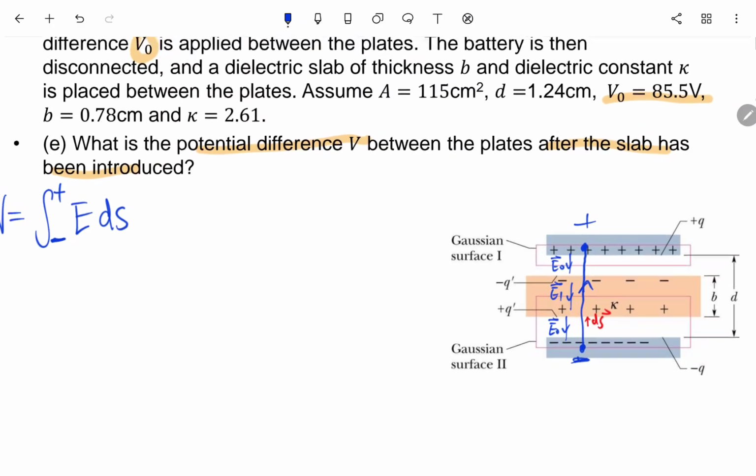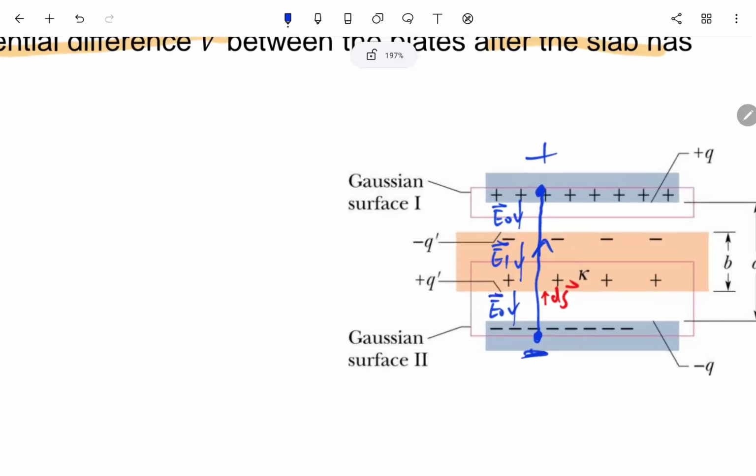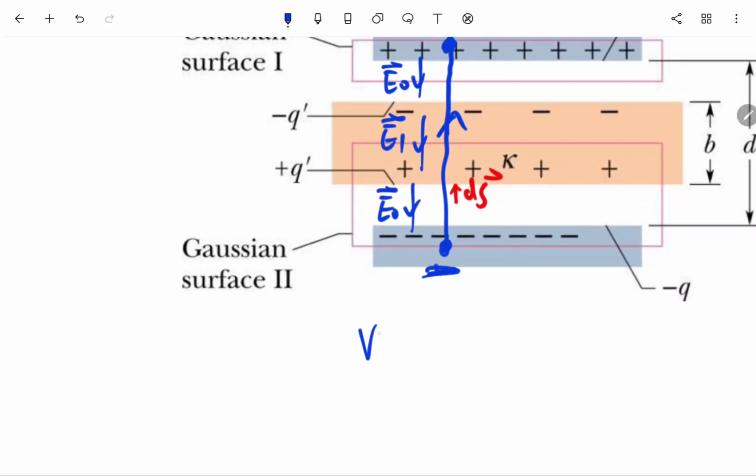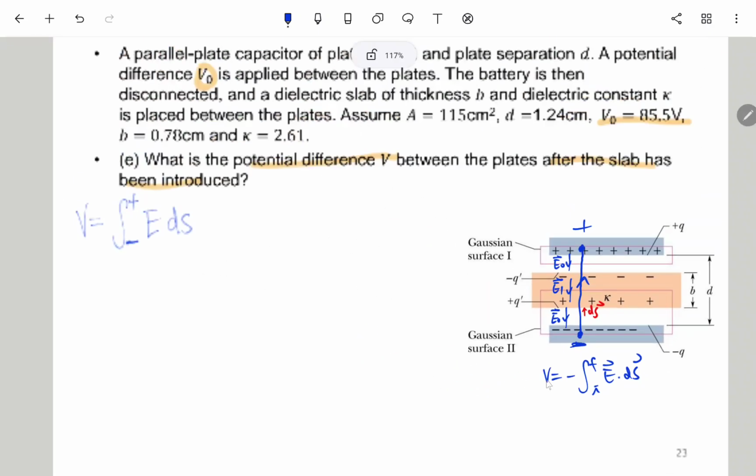Because the original formula is V equals negative integration of E dot ds. So E dot ds for this part will have a negative sign to cancel this one, so it turns out to be a positive value.